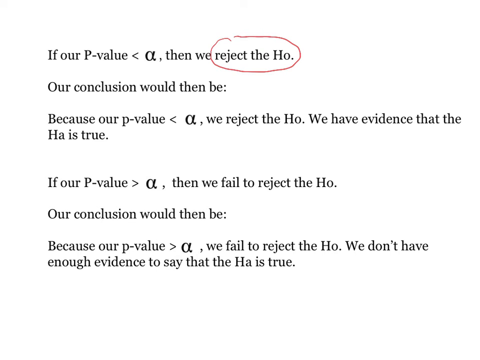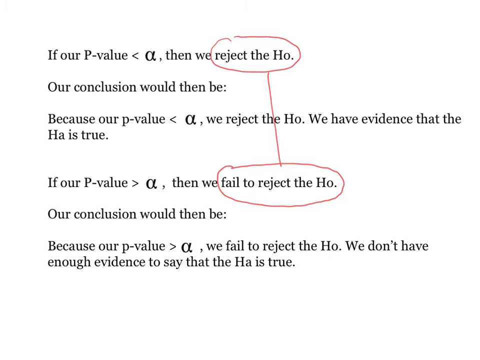If your p-value is more than alpha, then we fail to reject the null. And again, that's how you word it. Okay? And if you think about that, we fail to reject, so we're not rejecting the null. So in that case, we tend to believe the null is true or accurate. Okay? And I know those sound super funny, but that is the wording that you have to use. You either reject the null in favor of the alternate, or you fail to reject the null.